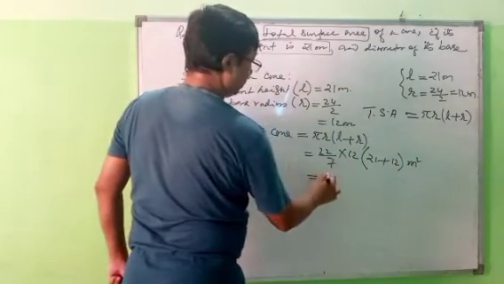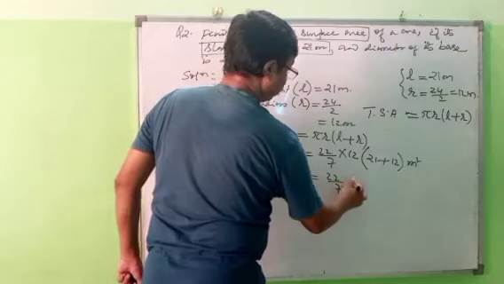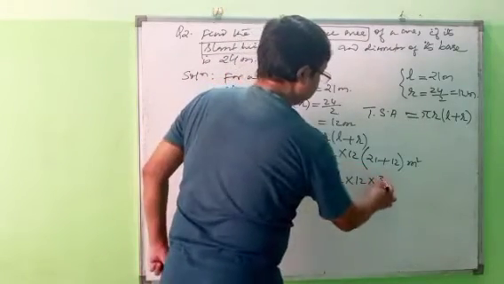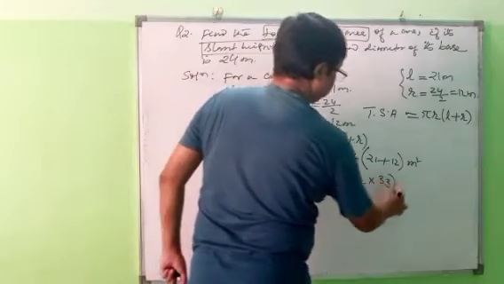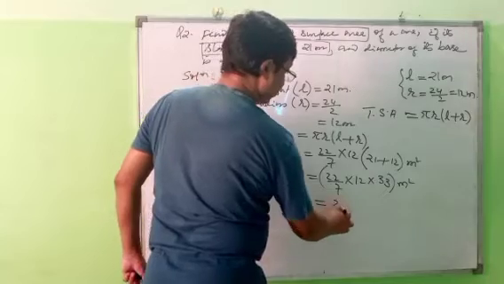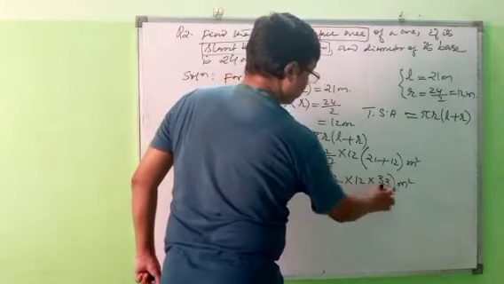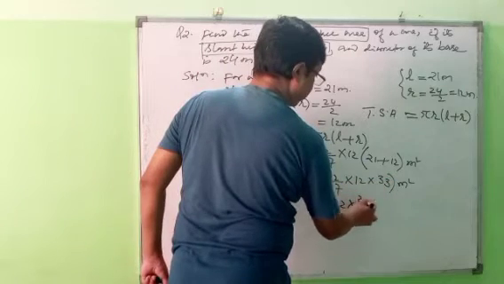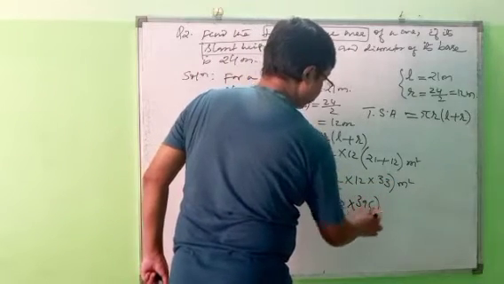So equals 22 by 7 into 12 into 33 meters square. By simplifying, 22 into 12 into 3, 36, 12 into 3, 36 plus 3, 39, divided by 7.